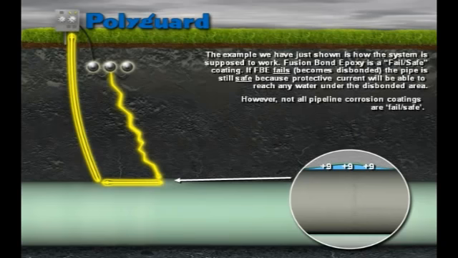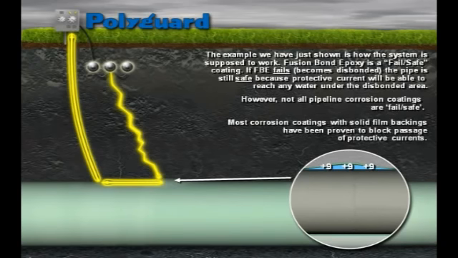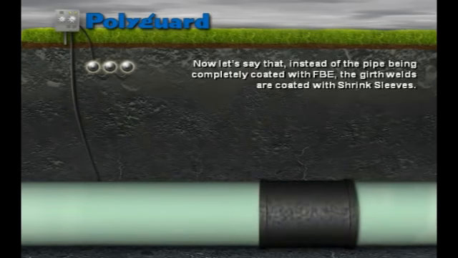However, not all pipeline corrosion coatings are fail-safe. Most corrosion coatings with solid film backings have been proven to block passage of protective currents. Now let's say that, instead of the pipe being completely coated with fusion bond epoxy, the girth welds are coated with shrink sleeves.